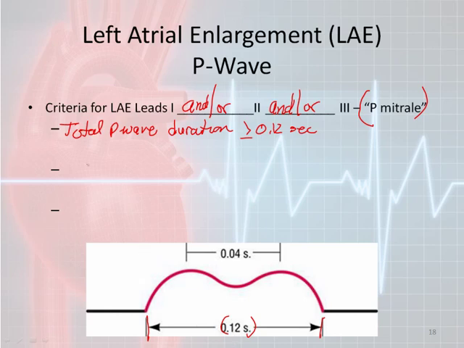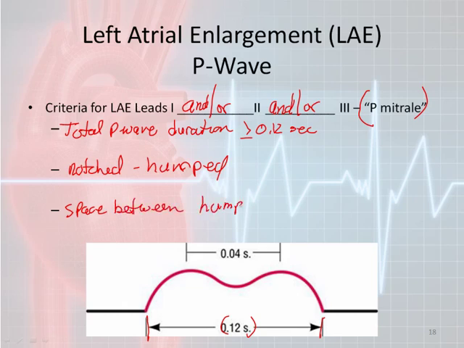Also, the P wave has to be notched, or sometimes they'll actually call it humped, like a camel hump. As you can see, you have your camel humps here, your 2 humps right there, and the space between the humps is greater than or equal to 0.04 second.